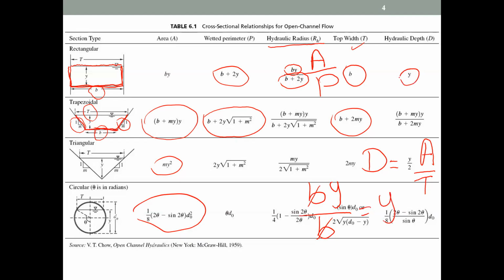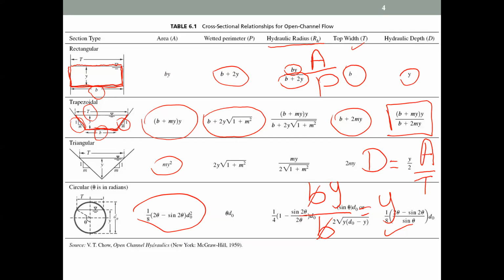Now think about the trapezoidal section. Do not misunderstand this hydraulic depth. For the rectangular section, yes, it is equal to the water depth. That is why we got y.